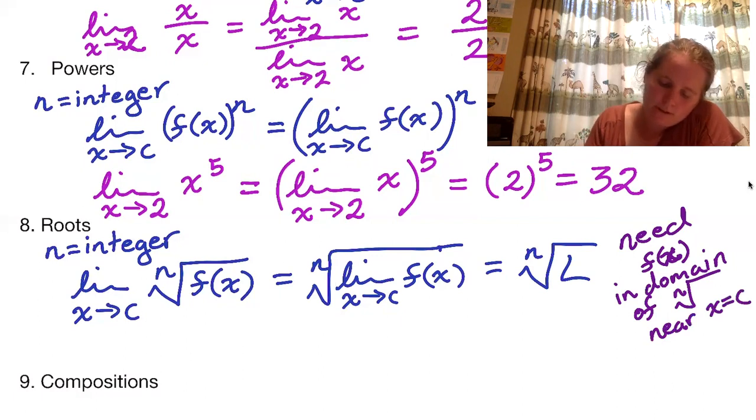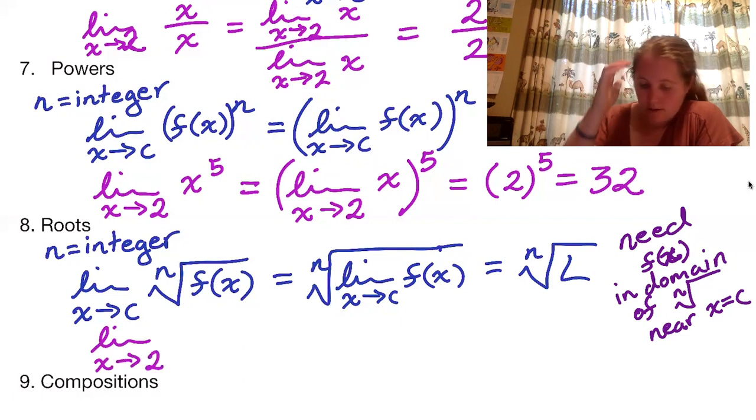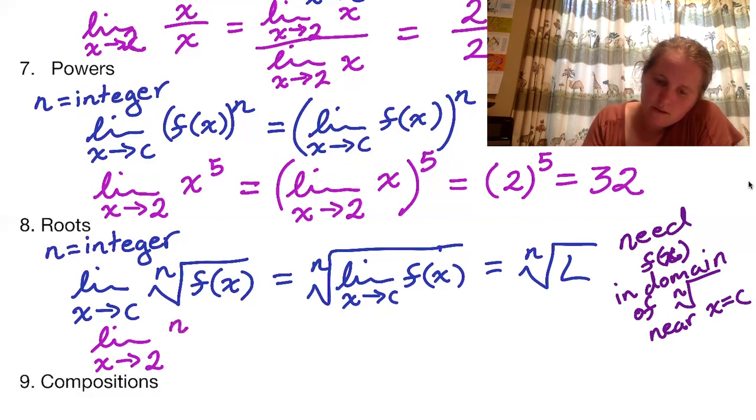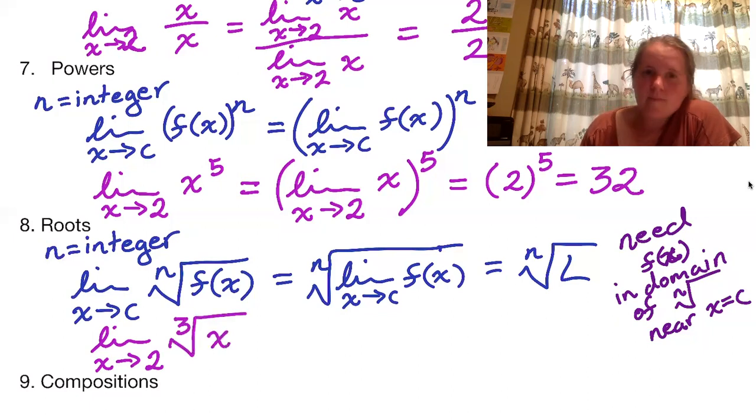Right. So for example, let's just look at the limit as x goes to 2 of the cube root of x.